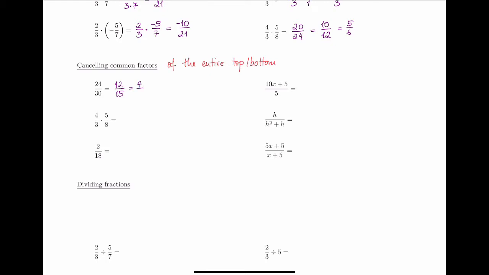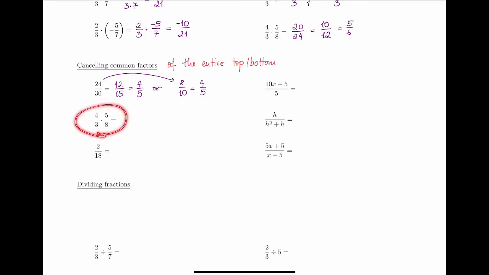I can cancel that out to get 4/5. Or alternatively, I could have first of all divided both top and bottom by 3, yielding 8/10, and then by 2, yielding 4/5. So my final answer is 4/5 no matter what. So if you're going to cancel something out, the order in which you cancel the factors does not matter, as long as they were always common factors on top and bottom.